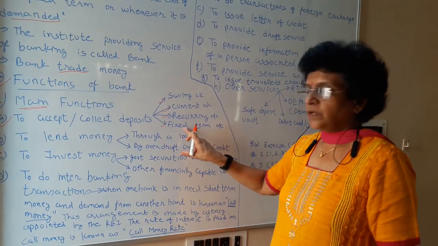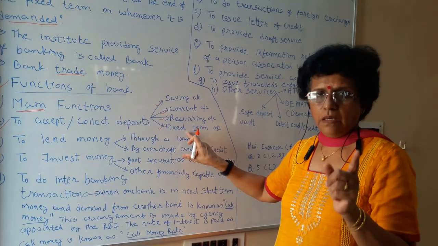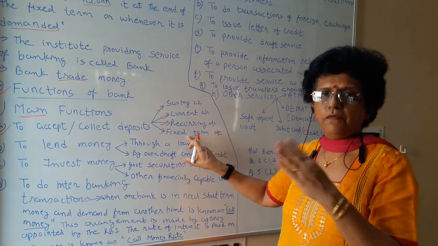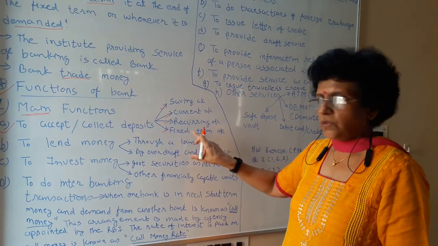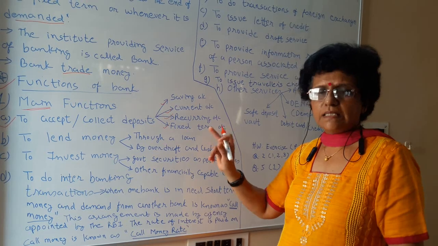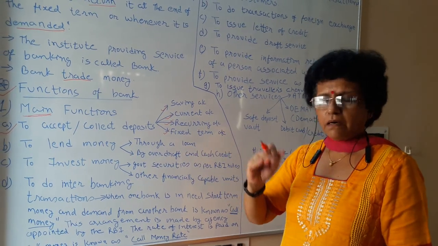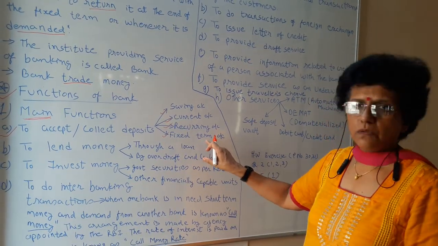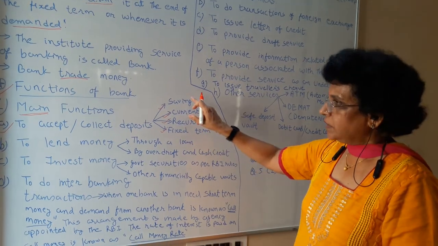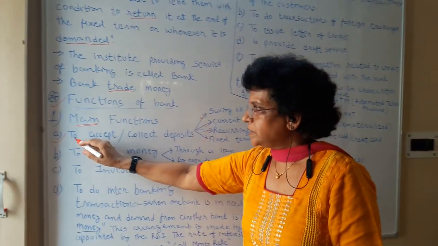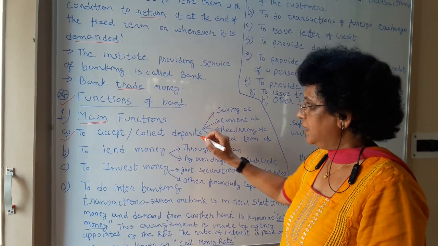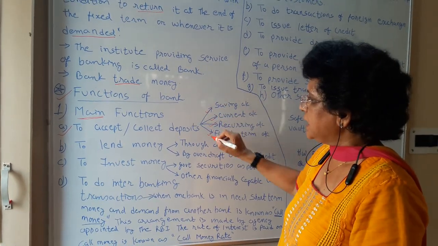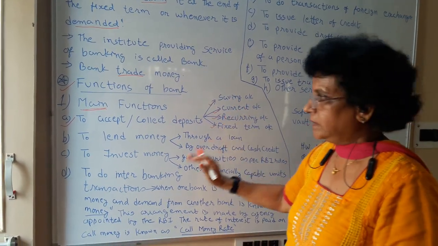Till that time, you are not allowed to withdraw the money from that deposit. If you do so, penalty charges will be applicable, and according to the terms and conditions, the rules will be applicable. So in this manner, the first function of a bank is to accept or collect deposits, and it may be in any one of these 4 methods.